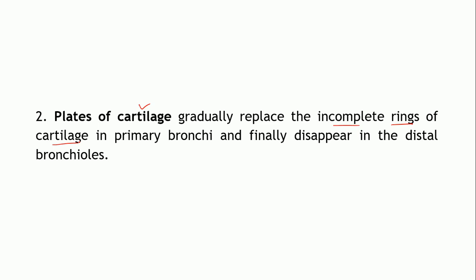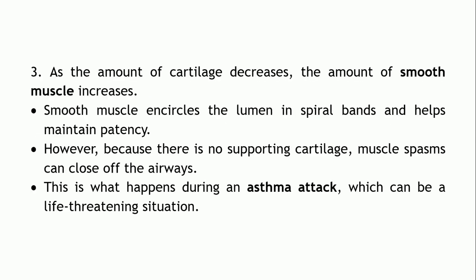But these are gradually replaced by plates of cartilage. So it will not be present in the form of incomplete rings, but small plates of cartilage will be present towards the anterior surface. And as further branching takes place, finally they will disappear in the terminal bronchioles. There will not be any cartilage present in the terminal bronchioles.